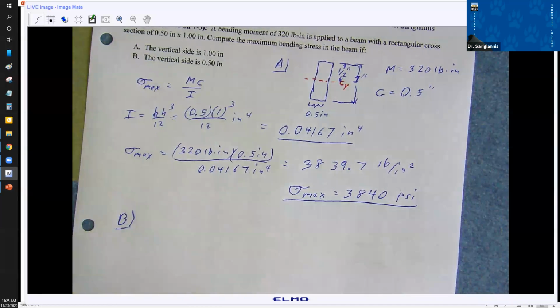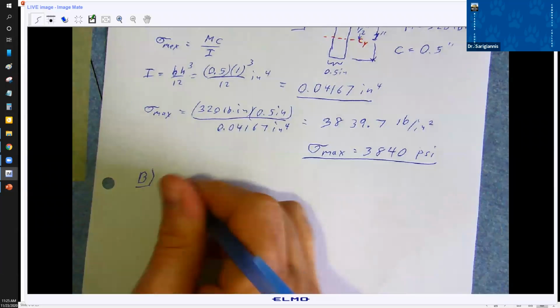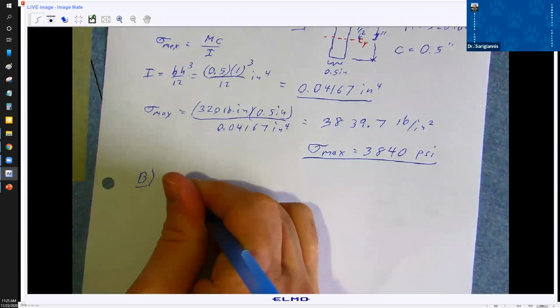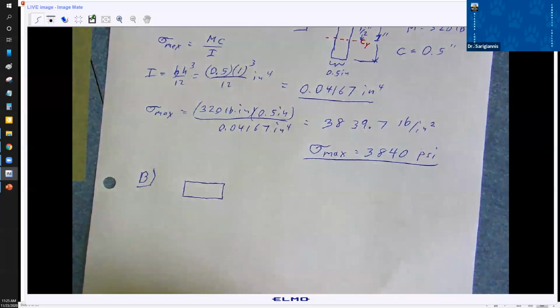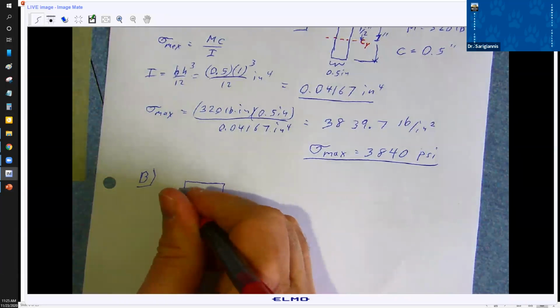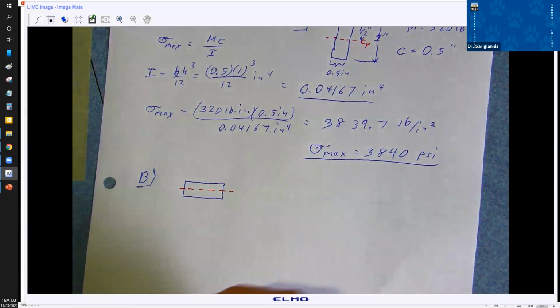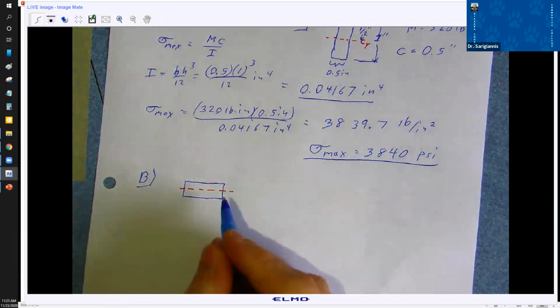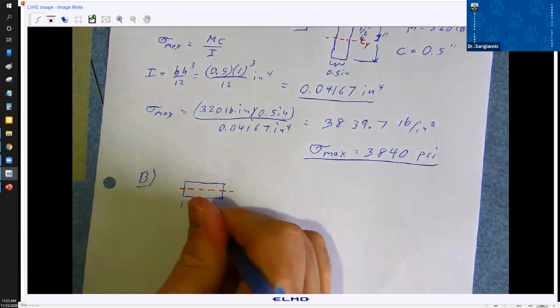Let's look at part B. And I think you can figure out in part B, we're going to lay this thing on its side. So this is our centroidal axis here. Let me put the dimensions in.